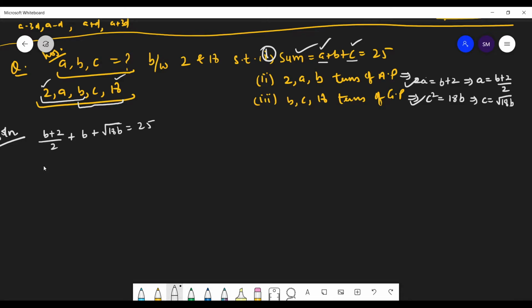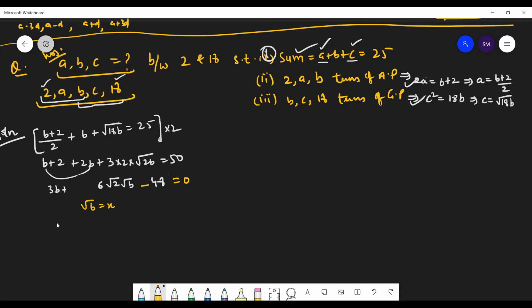That's also a choice. To solve so that it's easy for you to think, because in traditional way you think in terms of x. So this will be 3x square plus 6 root 2x minus 48 equals to 0.